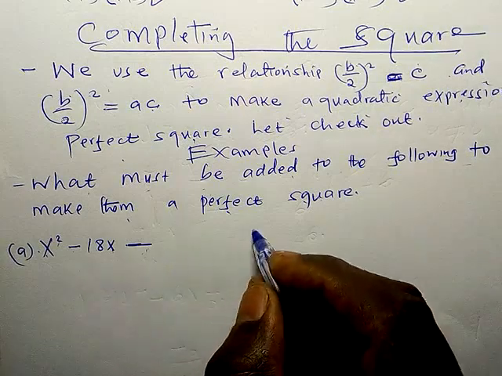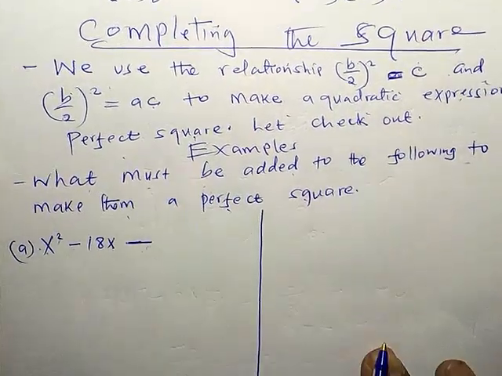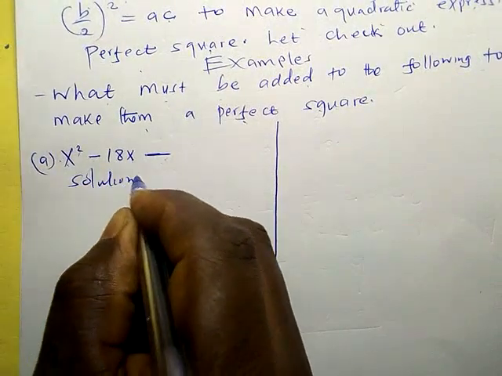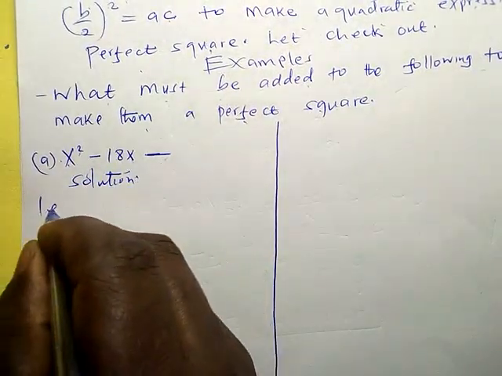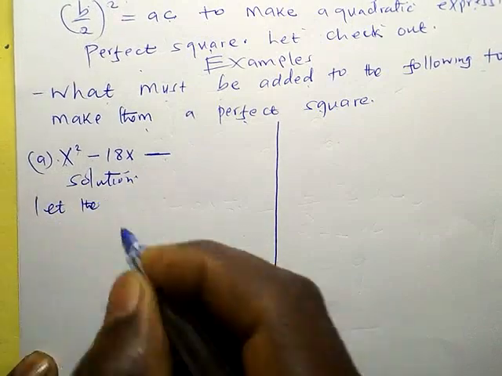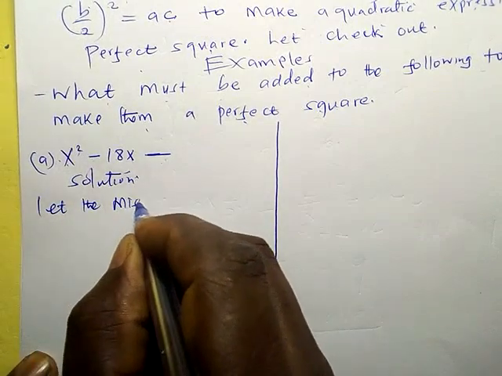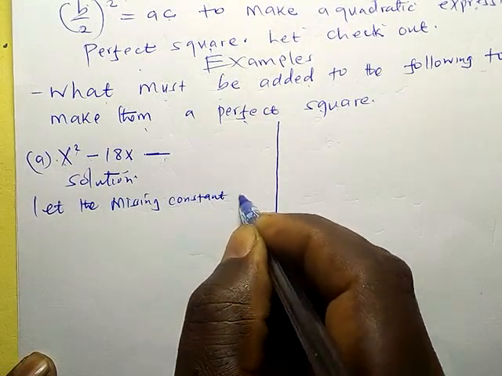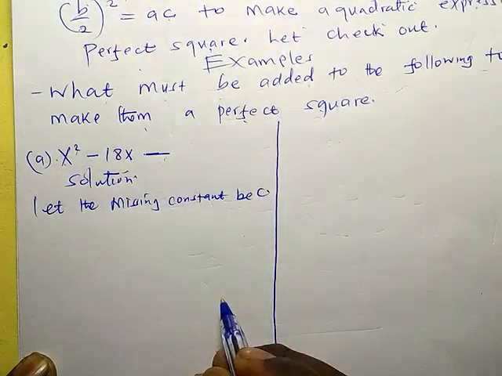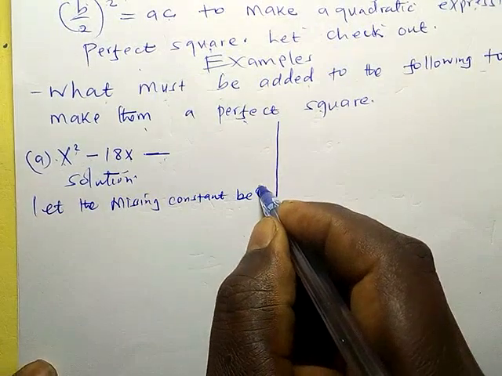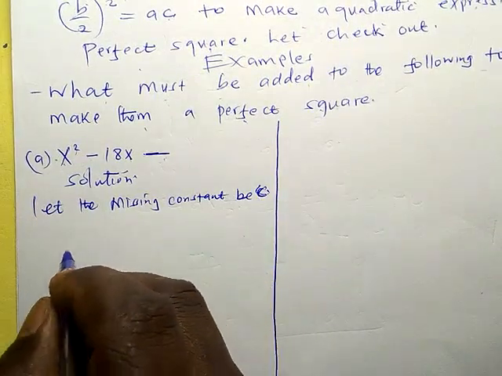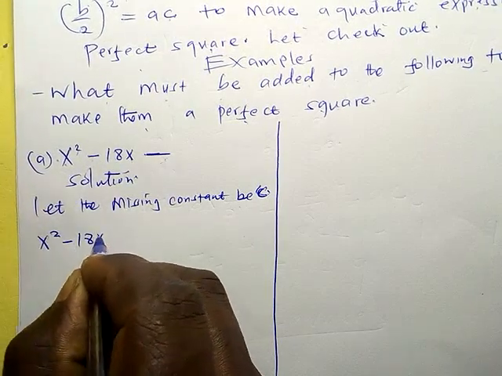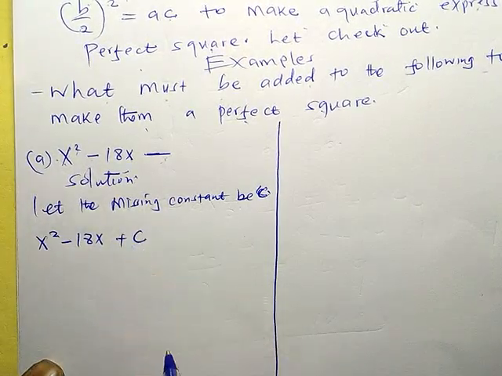So in our solution, let the missing constant be c. We call it c, right? So we can have now x squared minus 18x plus c.